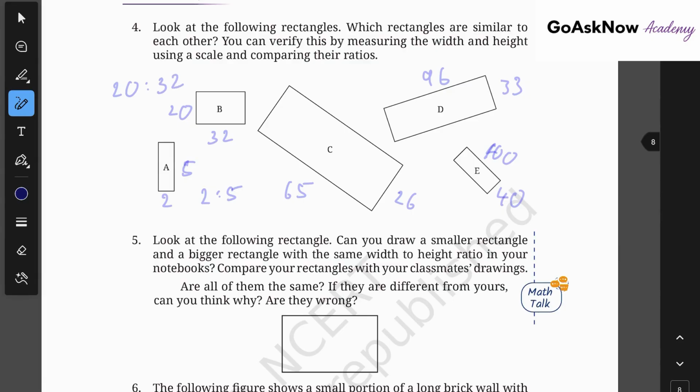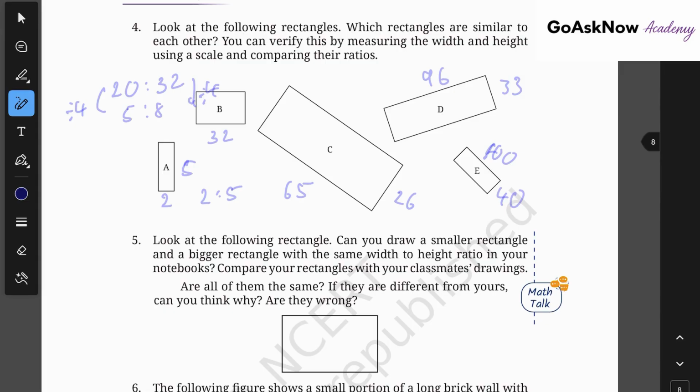This can be simplified into 5:8, since both sides can be divided by 4. Since 5:8 is in the simplest form, we can take this as rectangle B's ratio. Since 5:8 is not the same as 2:5, rectangles A and B are not similar since their simplest ratios are not the same, so they're not proportional.